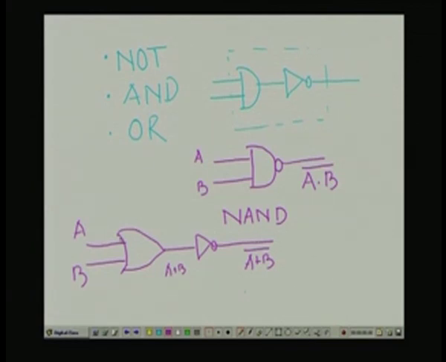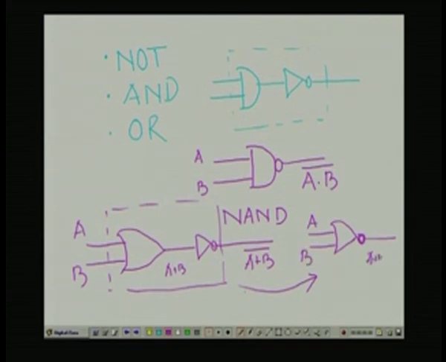If I replace these two with a single symbol, it will be a NOR, just OR with a circle at the end, with inputs A, B and output A plus B complement. So, this is my NOR. Again this NAND and NOR are two other basic gates.